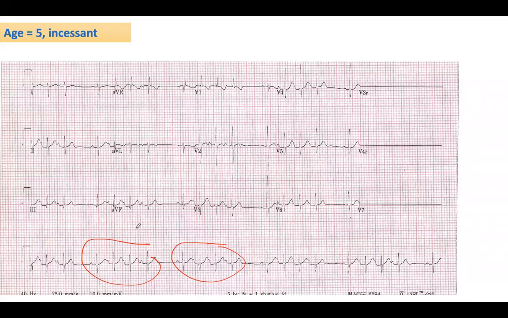I think no, it is not, it's not inverted. So it's not PJRT. Slow AVNRT, also, you would expect the axis to be going superior, so reverse. So likely not typical or atypical AVNRT. So you're left with what? Atrial tachycardia, right? Yes.